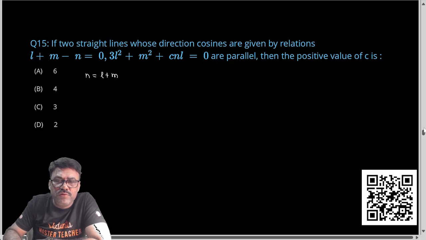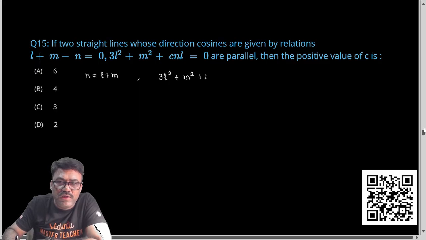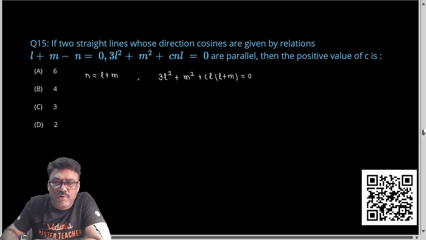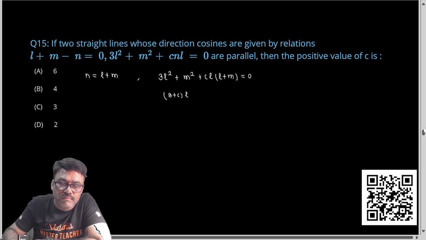If I substitute this n in the second equation, I get 3l square plus m square plus c l, and n is l plus a, equal to 0. So I am getting (3 plus c) l square, then c l m, plus m square.